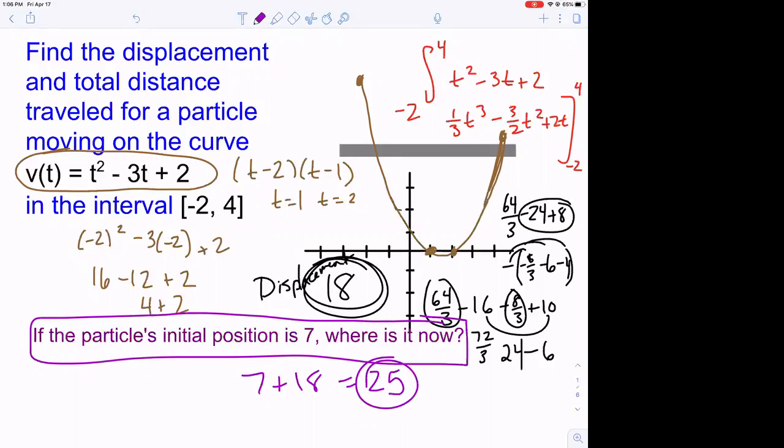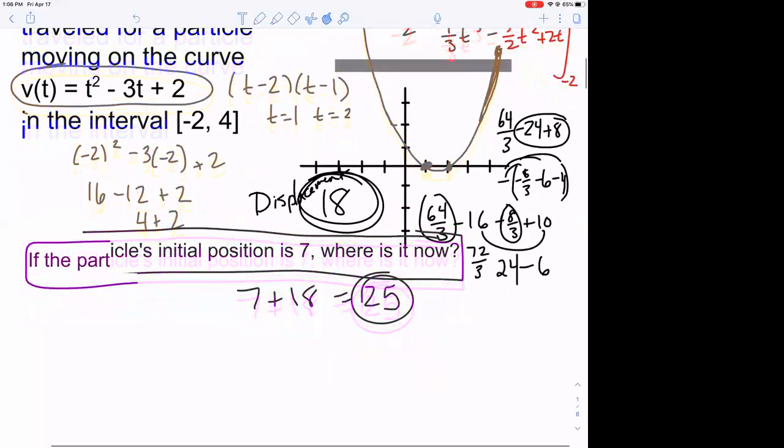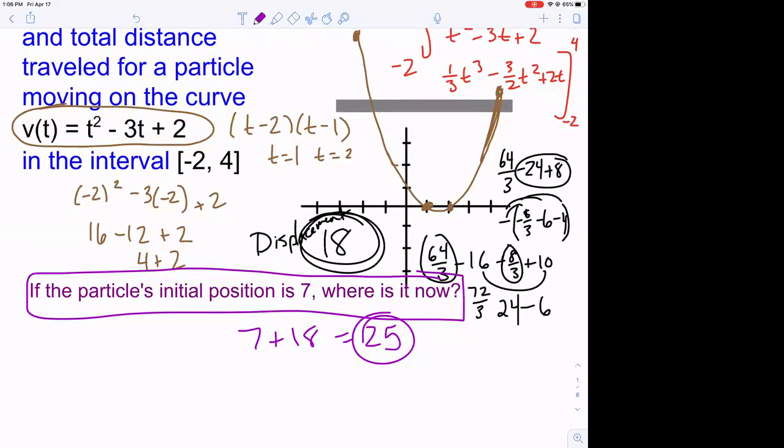To find total distance, I might not actually do the whole thing, but we've got to treat this area as positive, right? This area is positive. And this little area, we've got to make it positive too, that little guy right there.